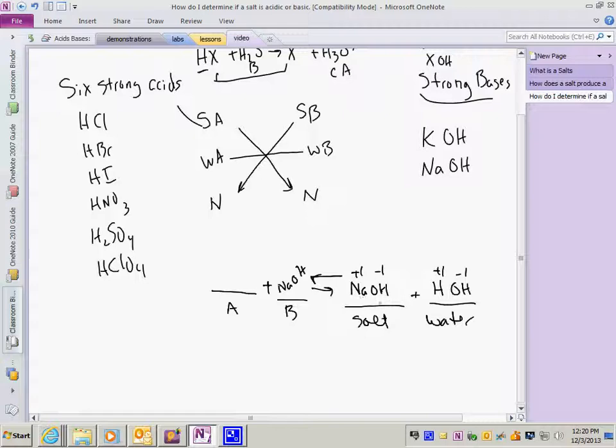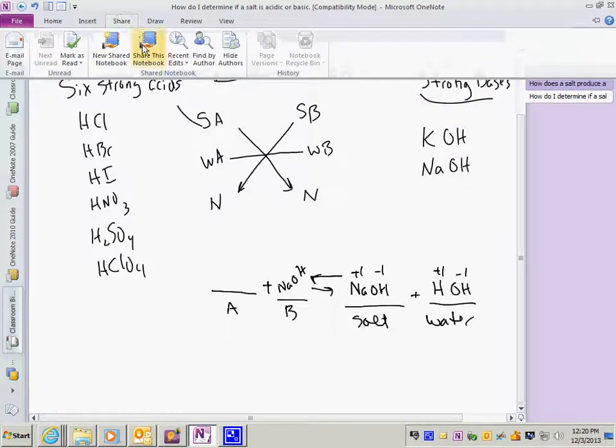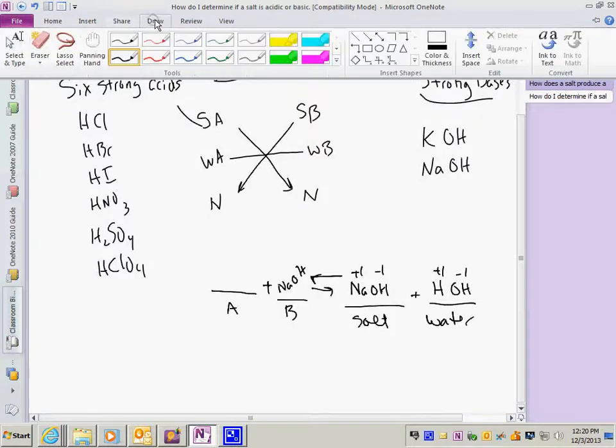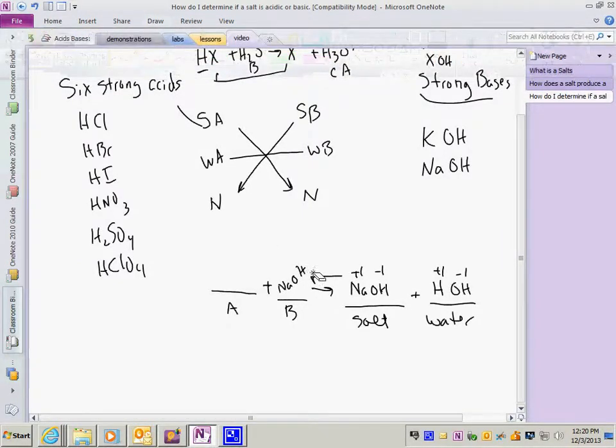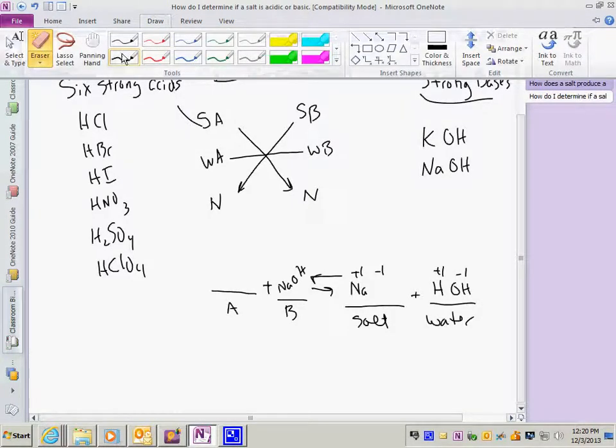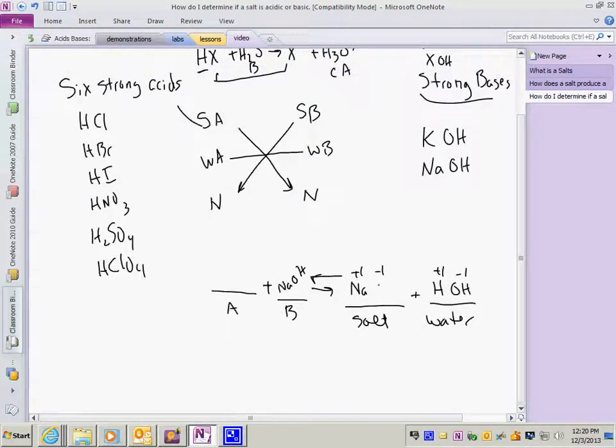And I made a small goof here. I wrote down NaOH, and I wanted to write down salt. So let's get rid of this guy here. Alright. And let's put in the actual salt, which is going to be NaCl.